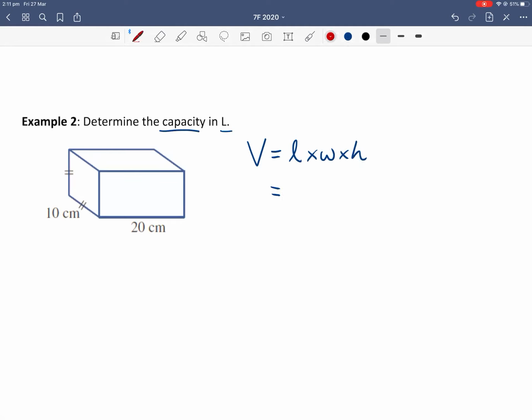In our picture, our width is 10, our length of the box is 20, our height, because of the double line there, must be 10 centimeters as well. So it's 20 in the length by 10 by 10, which, if you want to use a brain or a calculator, because it's term 2 now, it is a calculator allowed test, is 2,000 centimeters cubed, because the units here are in centimeters.